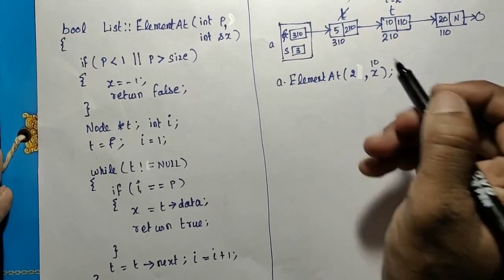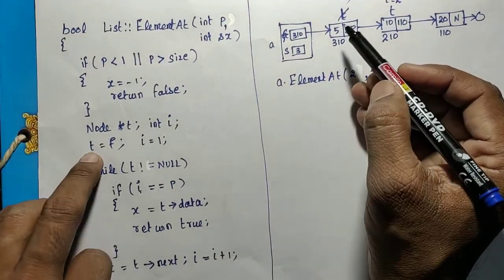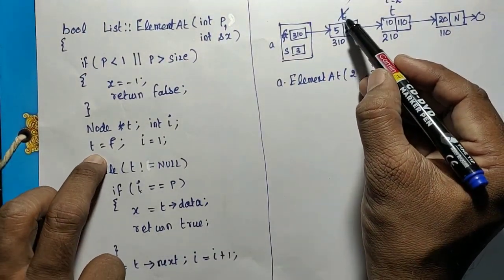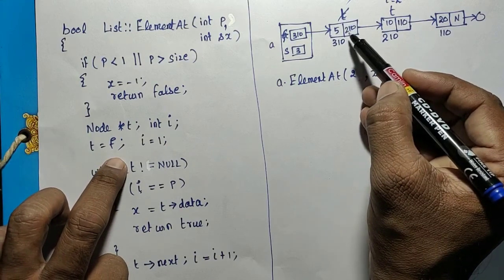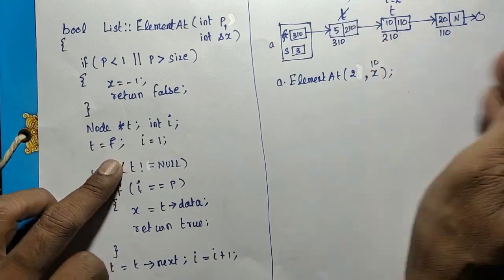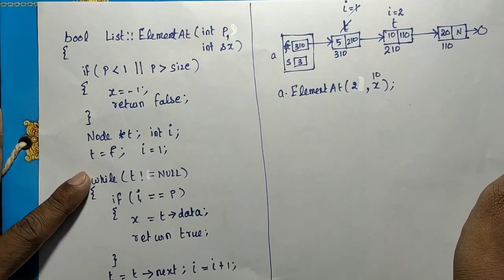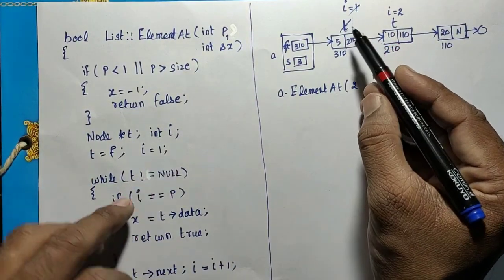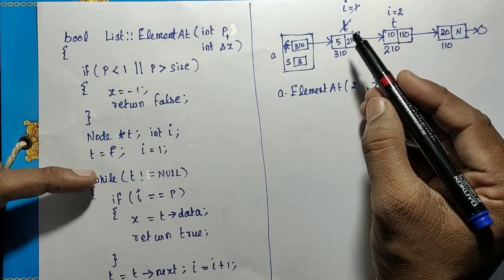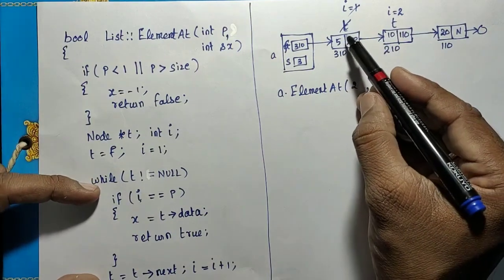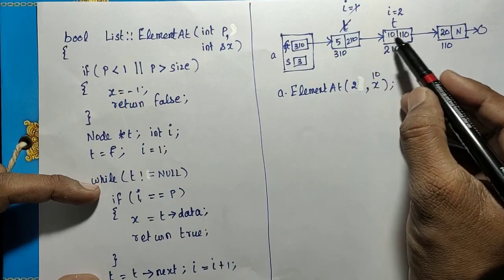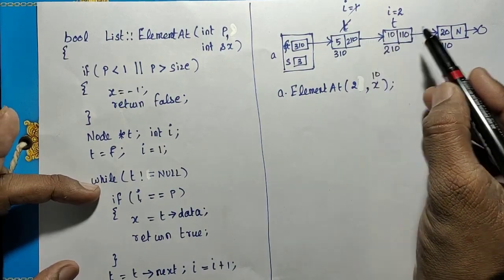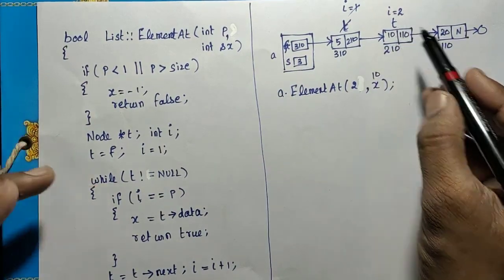We are just starting the search from the first node. So we take a temporary variable t which is pointing to the first node. At the same time we use another variable i which maintains the index of t. It is initialized with 1. This loop is executed for every node. t will be moved one by one, and by that time i also gets incremented.